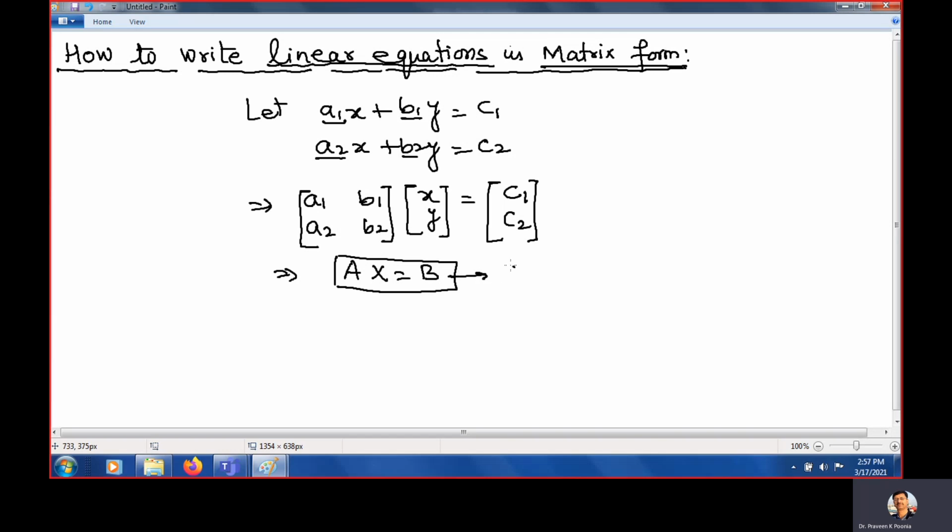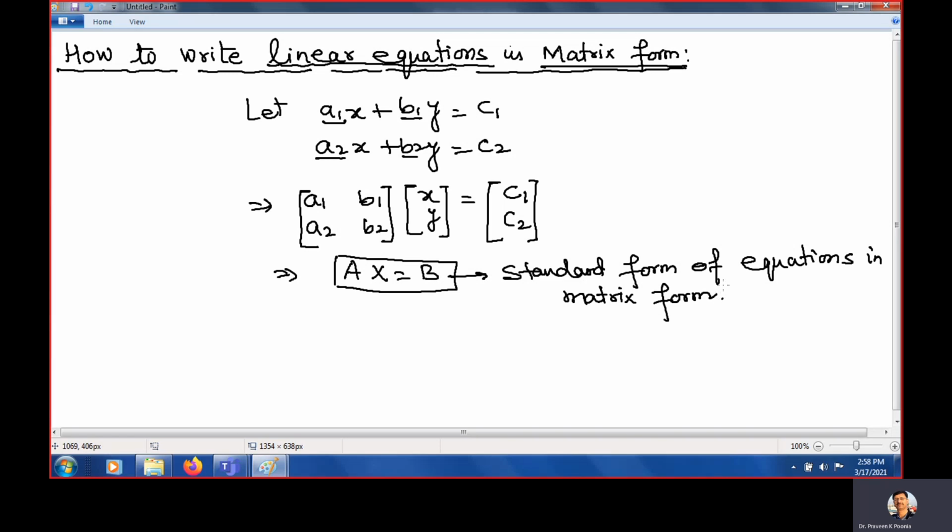Ax equals B. Standard form of equations in matrix form. This is okay. So Ax equals B. This is the set of linear equations in matrix form.